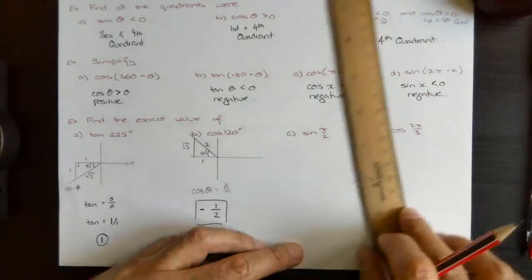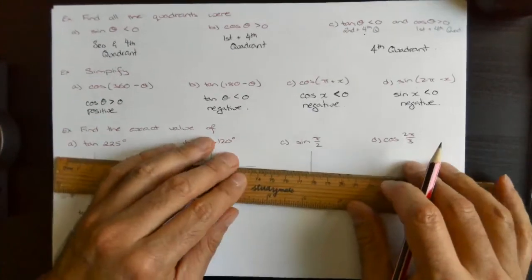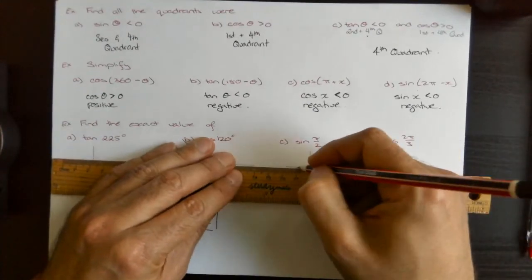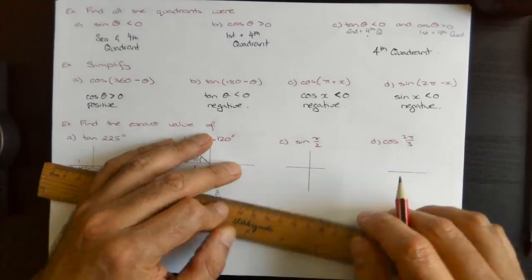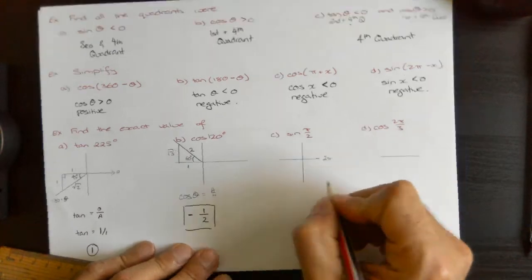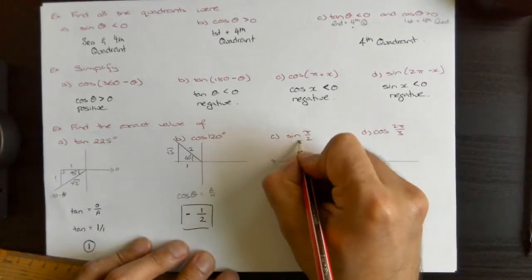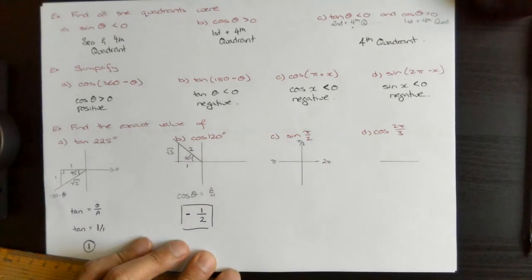We've got some examples using radians. Okay. So this is 2 pi. If I do a full revolution, here is pi. This is pi over 2.